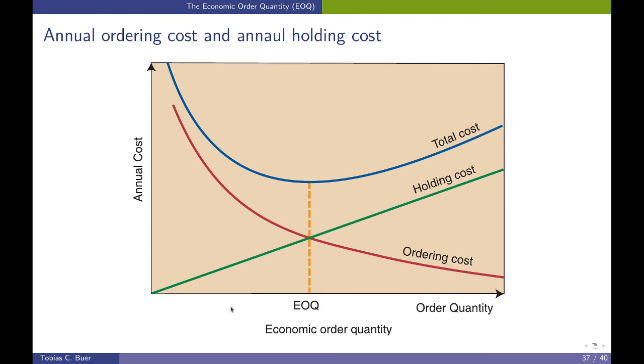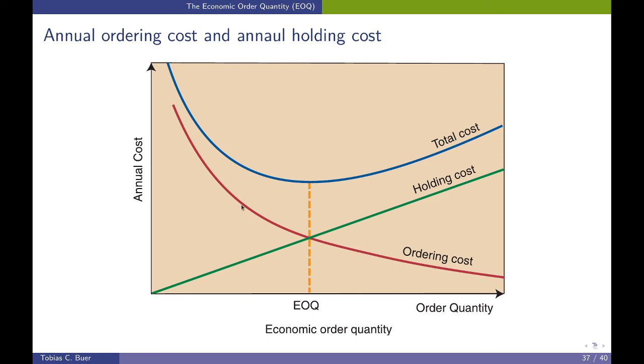Of course, to get more insight, it's always good to create a drawing of these cost functions, and you see the holding costs are here given by the green line. And this is always a line that is increasing, and on the other hand we have the ordering cost.